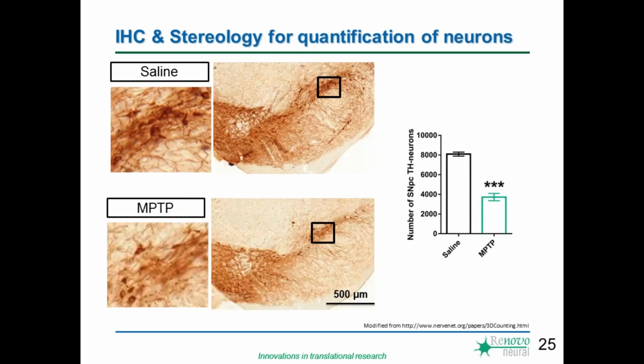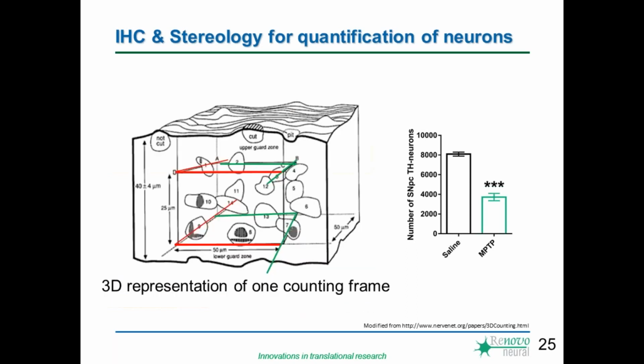On the other hand, the state-of-the-art method you would want to use for TH cell body quantification, for example, when using the MPTP model, is stereology. This method includes systematic sampling in the defined region of interest in a fraction of sections.